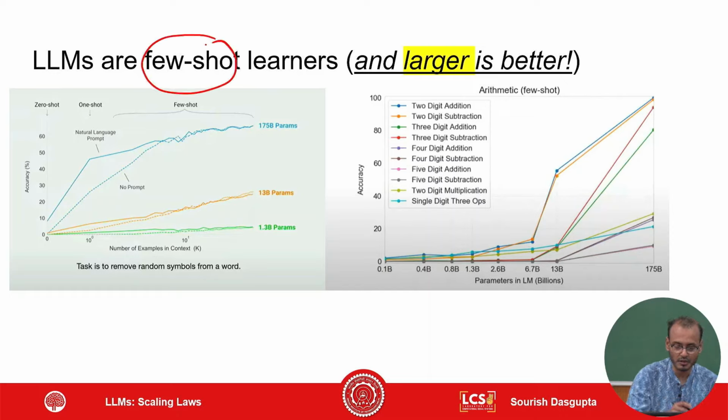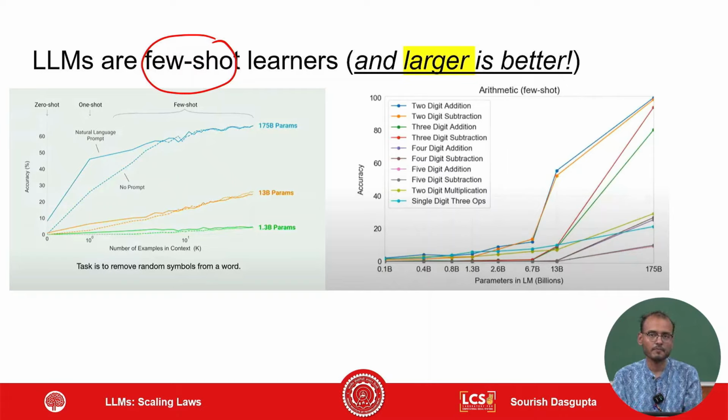Zero-shot would mean you're not giving any examples and you're asking the LLM to execute a task, say summarization. You put in a document and ask the LLM to summarize it. You're just giving the input and asking for the output.